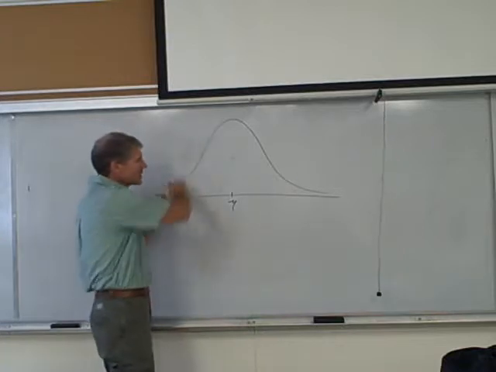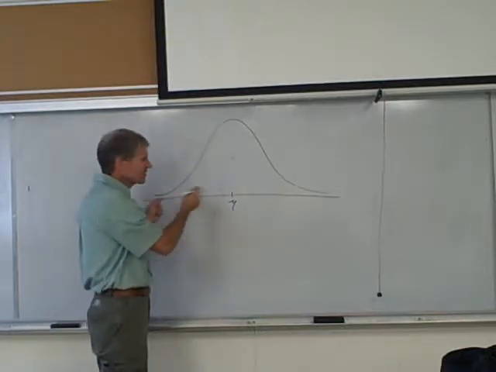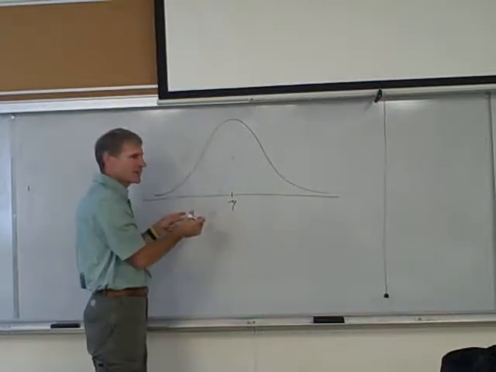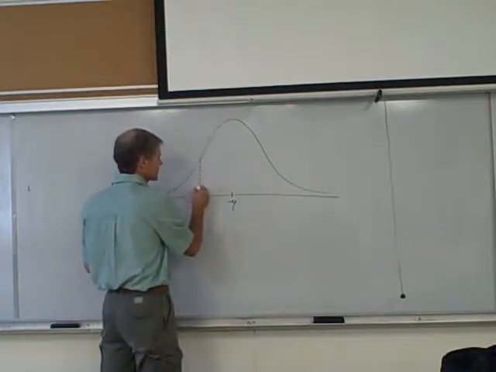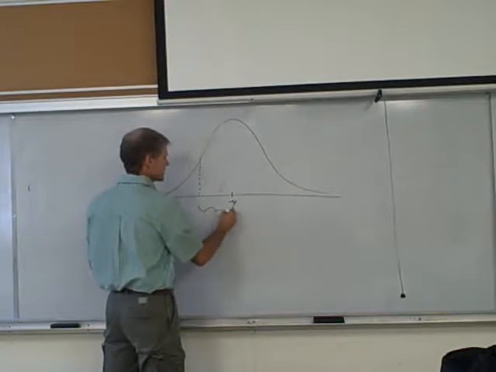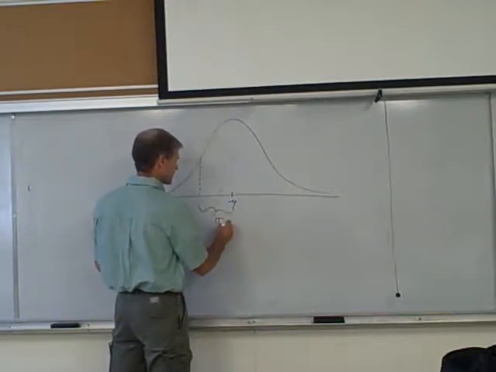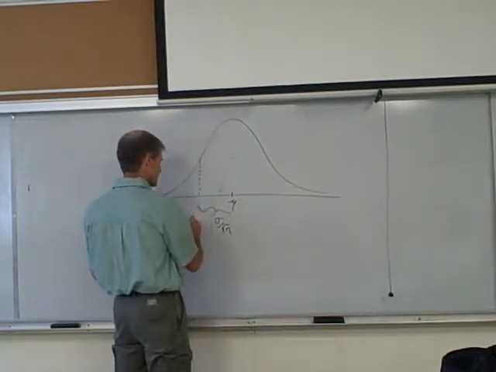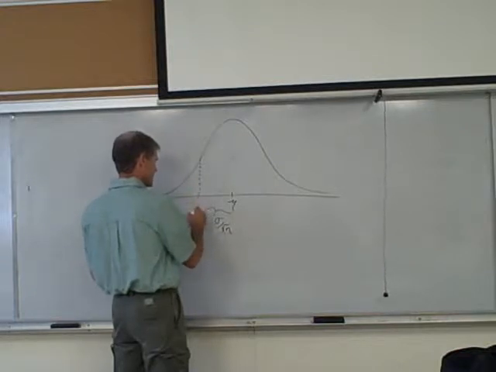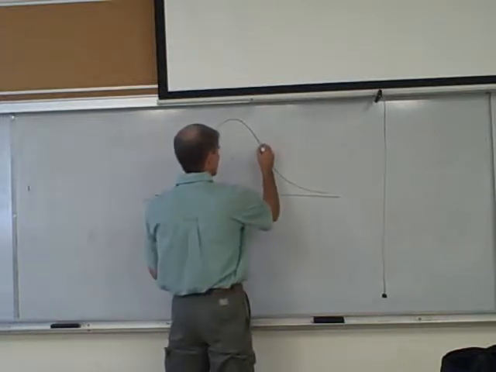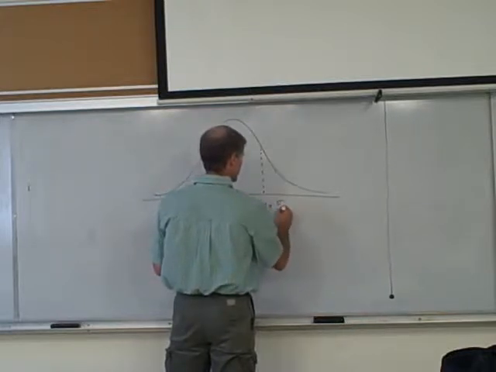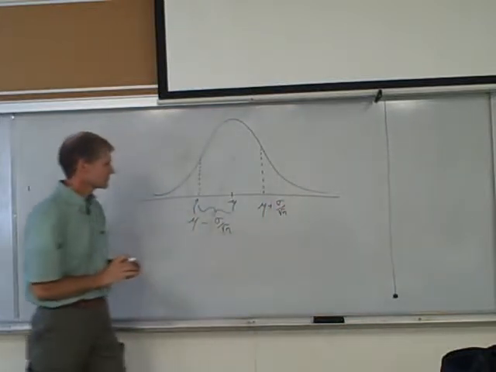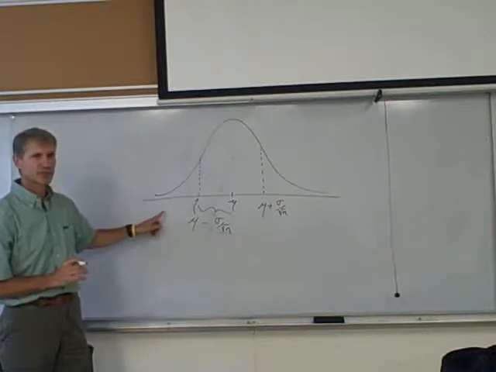I know it's going to be bell-shaped, and I know it's going to have a center somewhere, and I know that halfway down the hill it takes me out to 1 standard error, so that distance is sigma over the square root of n. So this is mu minus sigma over the square root of n, and halfway down the hill here is mu plus sigma over the square root of n. That's my sampling distribution of x bar.